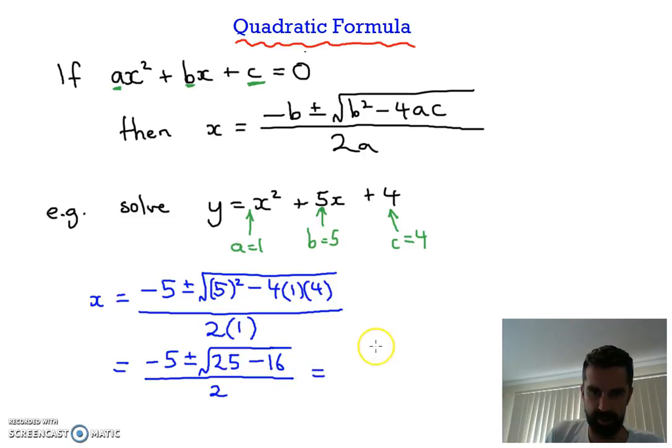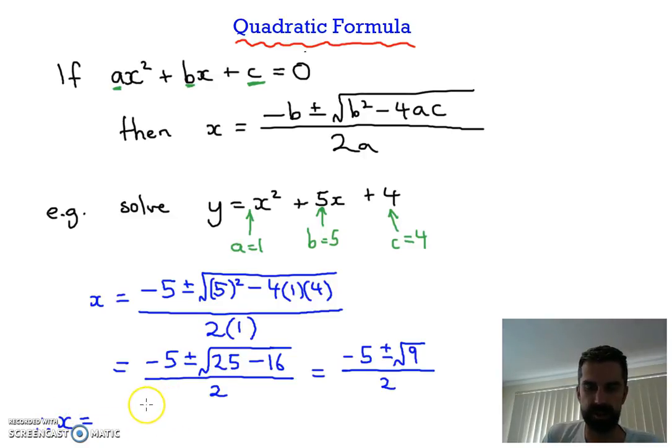If we simplify that down a bit more, that's going to be negative 5 plus or minus the square root of 9, all divided by 2. Because we've got plus and minus, there's actually two potential answers. And we know that's possible with quadratics, because that just means that the graph cuts the x-axis twice.